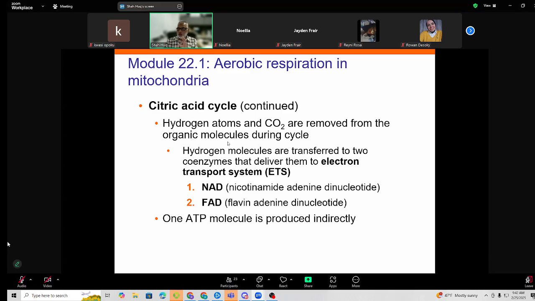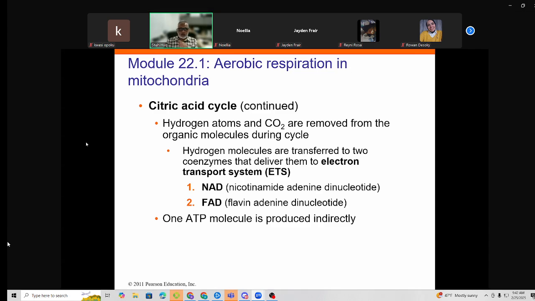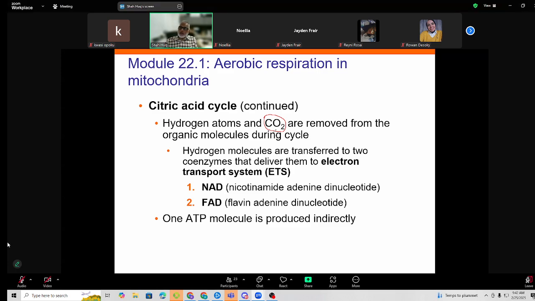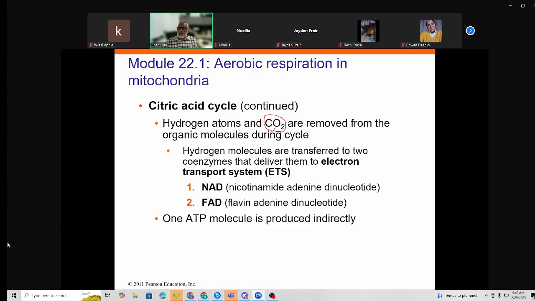And here the citric acid cycle also produces carbon dioxide. So in the respiratory system, we said that the cell also produces carbon dioxide gas as a byproduct, and it has to go out. This is the area where, when we make the energy, we also make carbon dioxide as a byproduct. And here we also use oxygen.